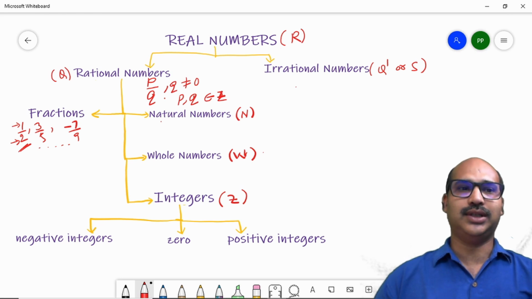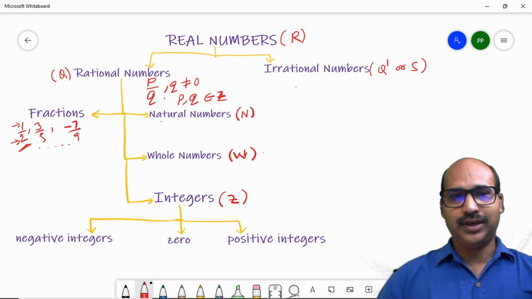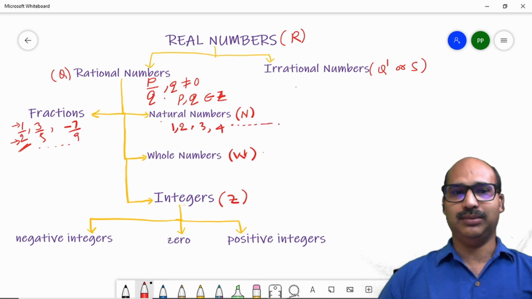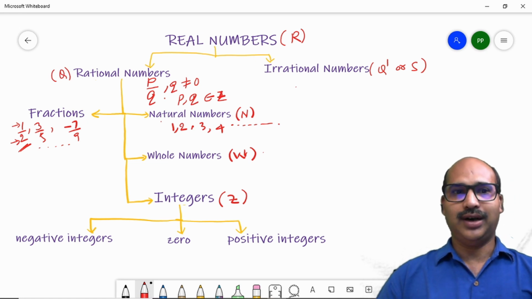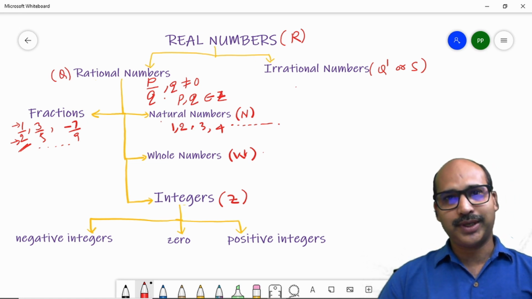Let us see what are the integers. Natural numbers are 1, 2, 3, 4, and so on. These natural numbers are also part of the rational numbers. Are these satisfying the condition P by Q?